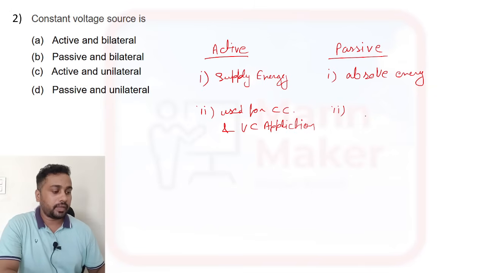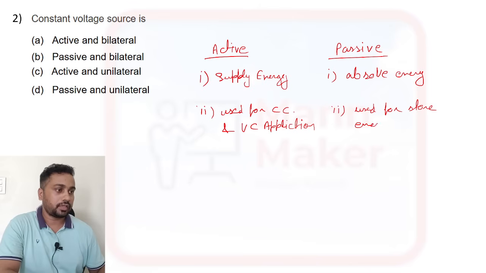Then passive elements are used to store energy. Some examples: for active elements we have battery, voltage source, current source.